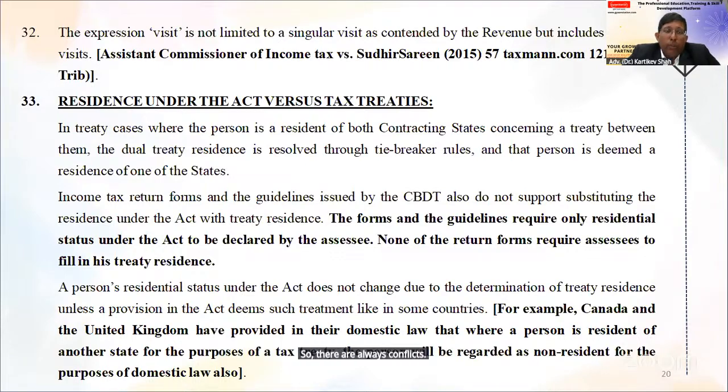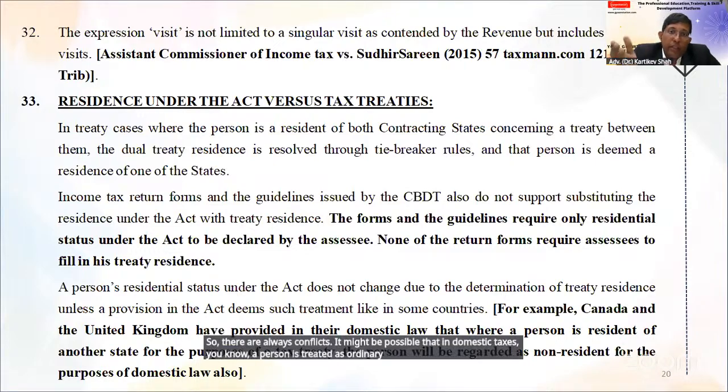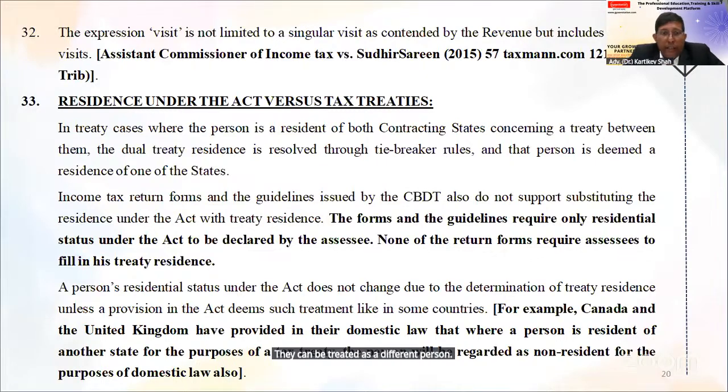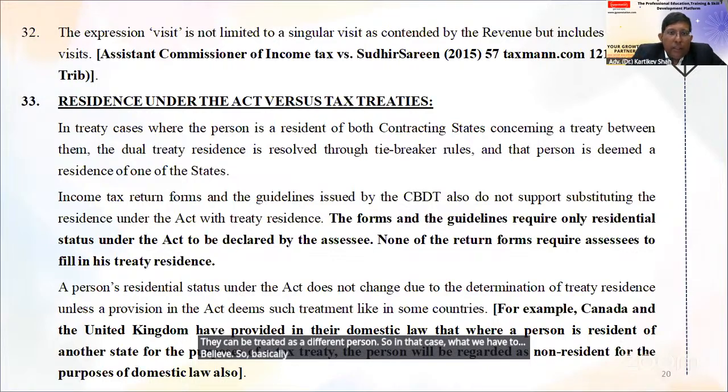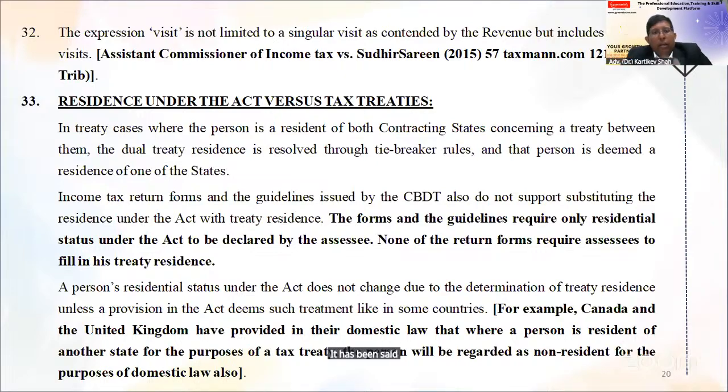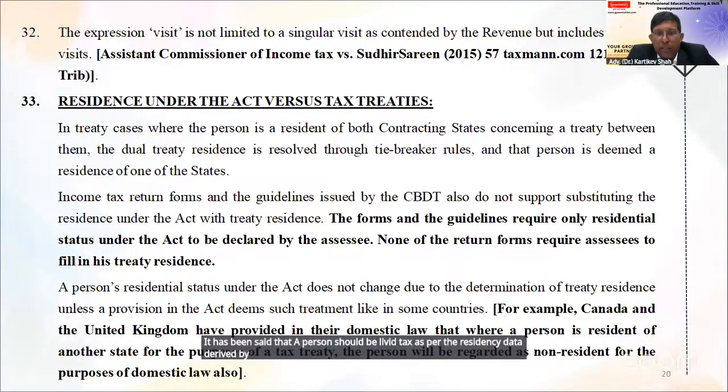It might be possible that in domestic taxation law a person is treated as an ordinary resident, and in treaties they can be treated differently. So in that case, what do we have to follow? Basically, it has been said that a person should be levied tax as per the residence status derived under the domestic taxation law.